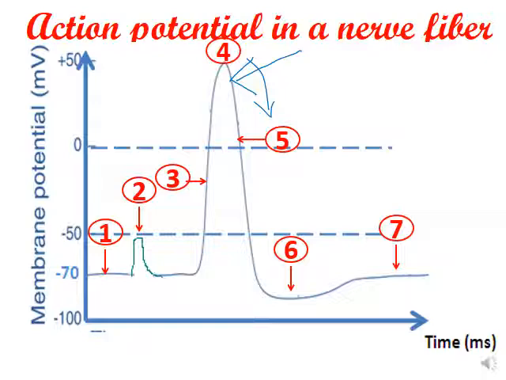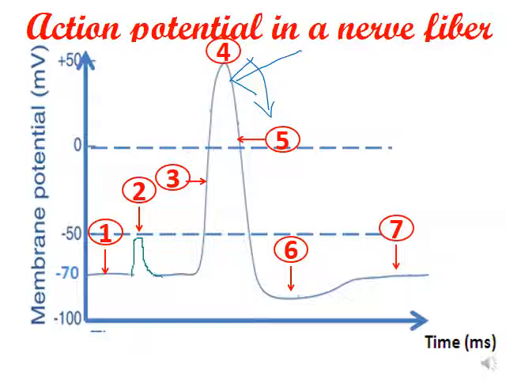Phase number 3 represents moving to the positivity, depolarization, moving from minus 70 to about plus 50. Number 4 is the inversion of polarity, moving from the positive toward the negative. And phase 5 represents the repolarization, going back to the negative.